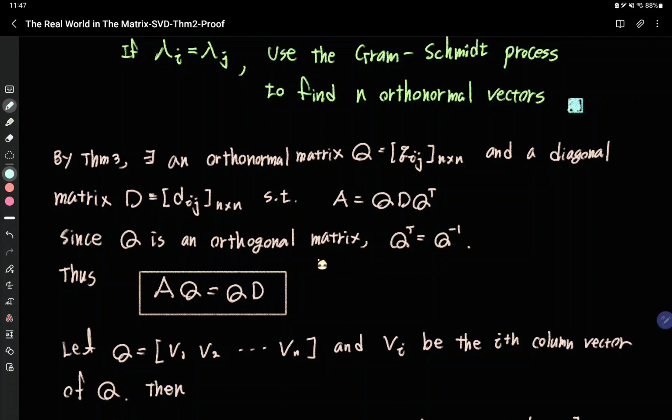Since Q is an orthogonal matrix, Q transpose is equal to the inverse of Q. Keep in mind, if a matrix is orthogonal, then its transpose is equal to its inverse. Now we do right multiplication by Q transpose, that is Q inverse, on both sides. Then we got this: A Q equals Q D.